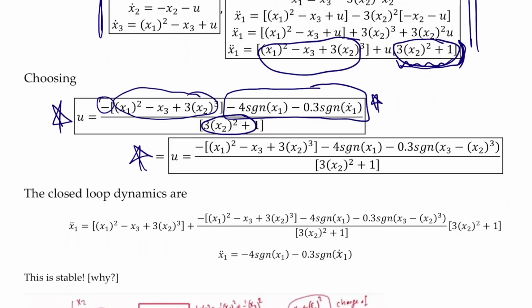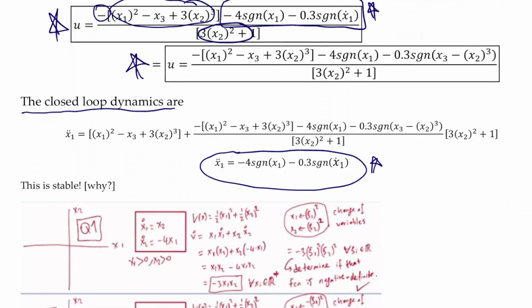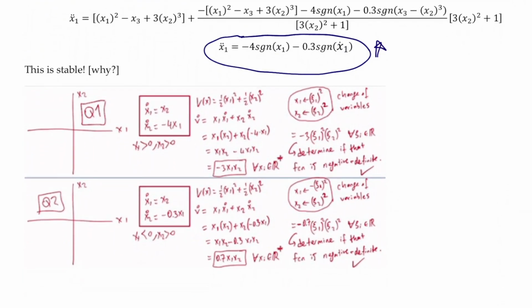And what I am trying to say is this. About the stability, the closed loop dynamics, at the end of the day, is this closed loop for the x1 dynamics. Okay, and this is stable. And when I say that it is stable, I hope that you're asking why, right? And the proof is given here.